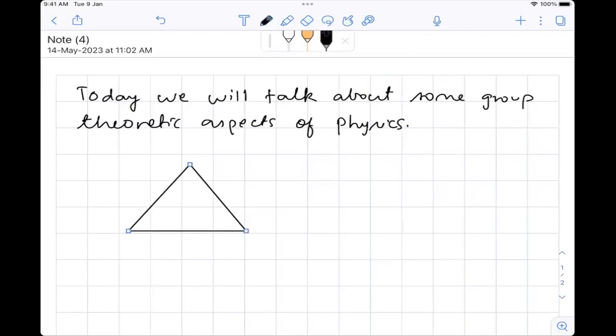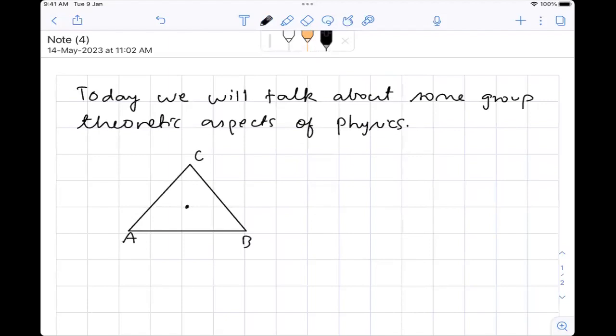So let's say this is what it is, and let's say I do some operations on this triangle. There are multiple operations. Let's say I denote these vertices as ABC, and if I make a rotation about this axis that passes through the center of the triangle by 120 degrees anti-clockwise or clockwise, either it won't matter.